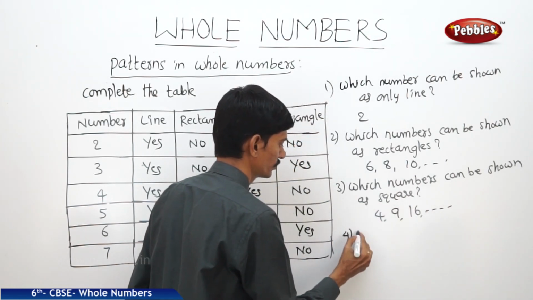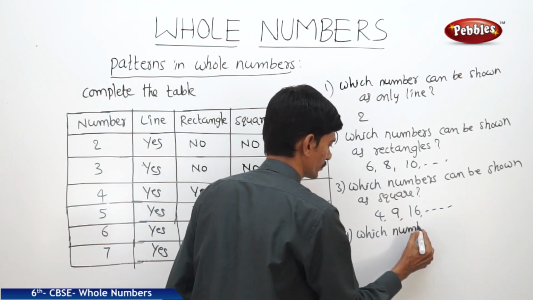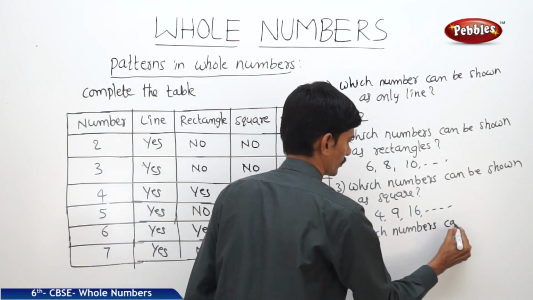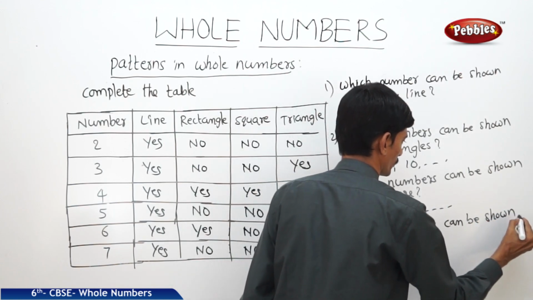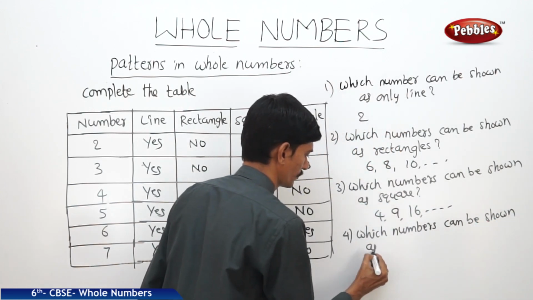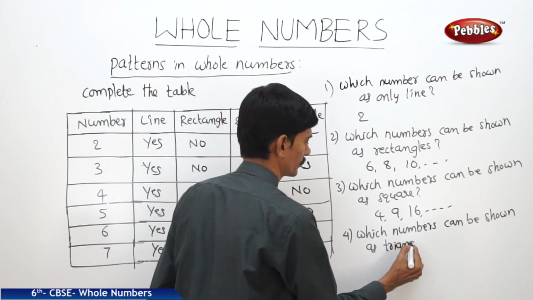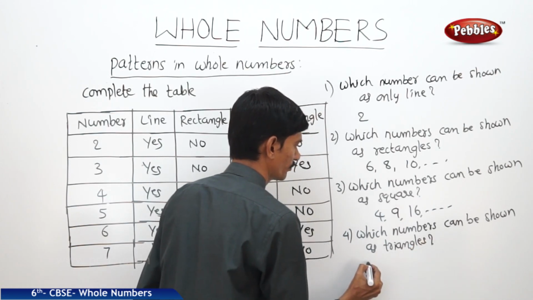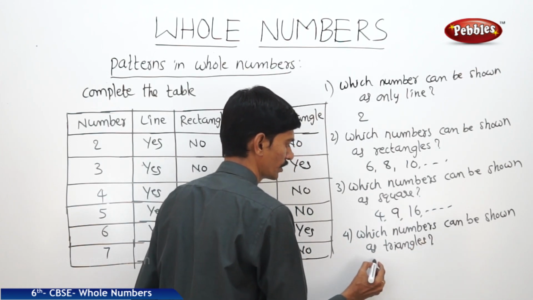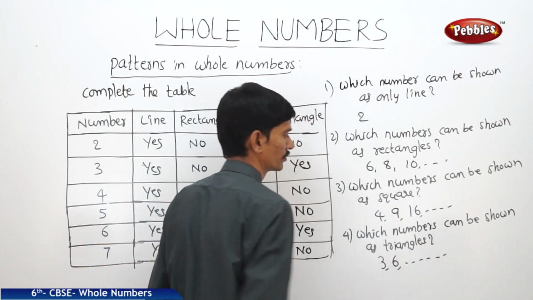Now the next question, which numbers can be shown as triangles? So the numbers which can be shown as triangles are 3, 6 and so on.